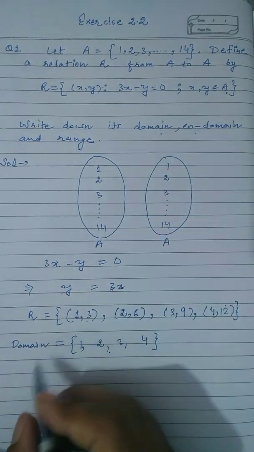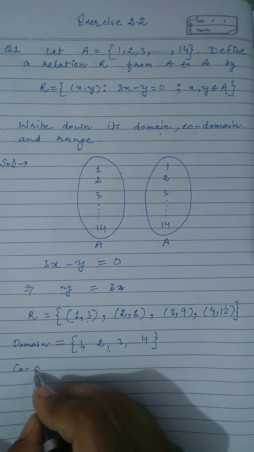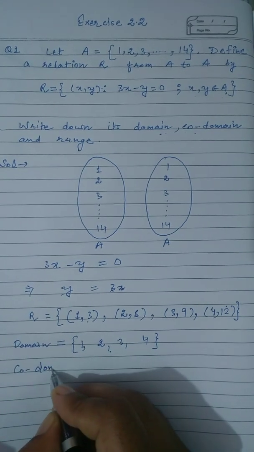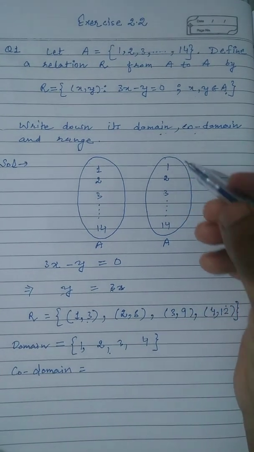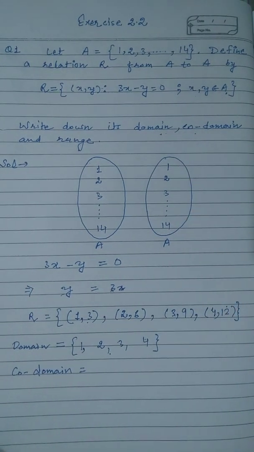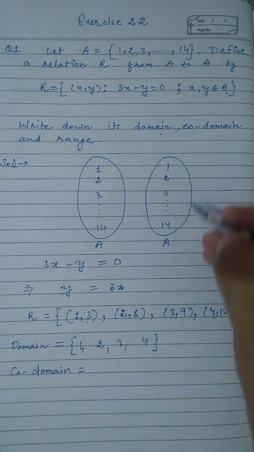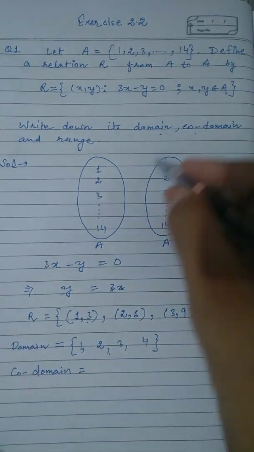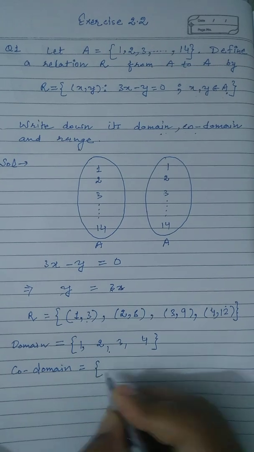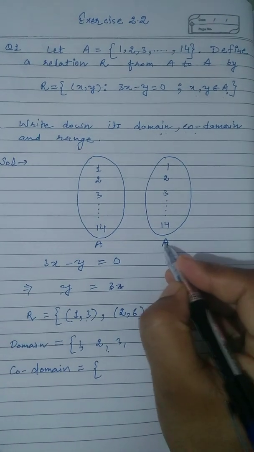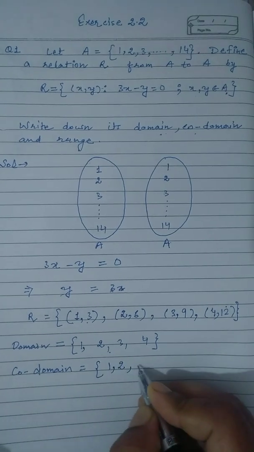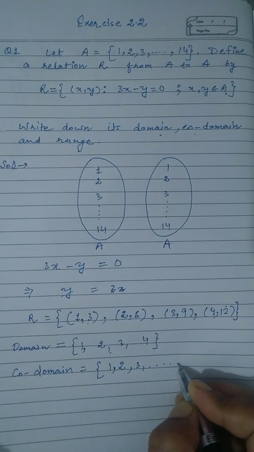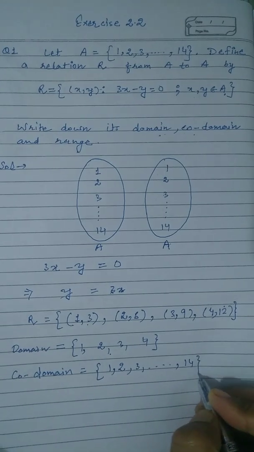Second part is codomain. What is the meaning of codomain? Codomain means the collection of all the elements of the second set. The second set is the set A itself. It has the elements 1, 2, 3 and so on up to 14.